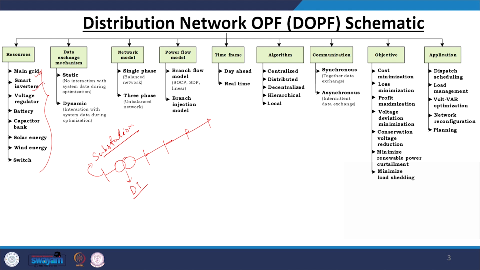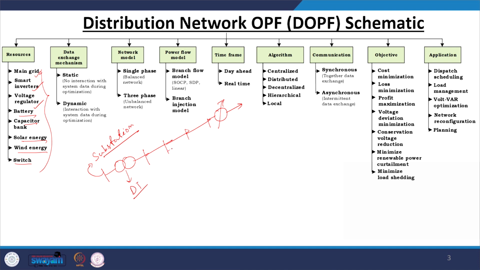Second, you have smart inverters that we have discussed, associated with the DERs. You have voltage regulators, battery banks, capacitor banks, solar energy, wind energy and switches.